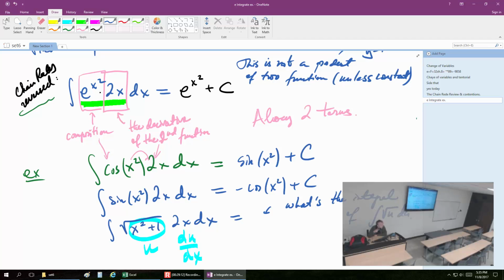The power goes up when you integrate. So it is, in fact, u^(3/2) over 3/2. Okay, so that's what we're going to use, and then we just need to substitute u. So I'll have then (x squared plus 1)^(3/2) over 3/2 plus c. Okay.